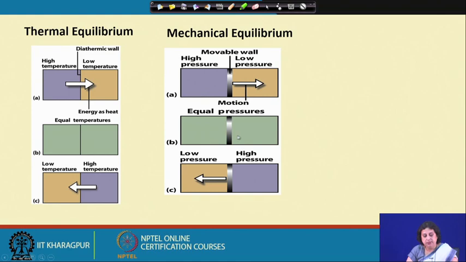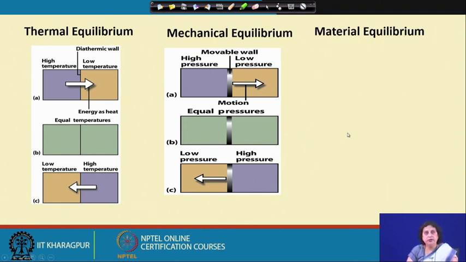And when will the motion of this movable wall stop? It will stop when on both sides of it, between the system and the surrounding, the pressures are equal. We would then say that the system has attained a mechanical equilibrium with its surrounding.